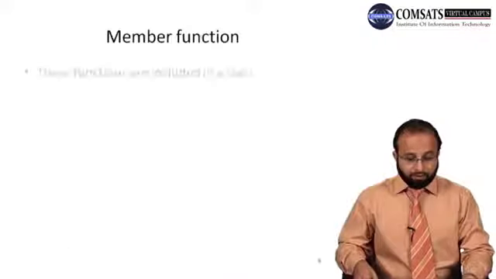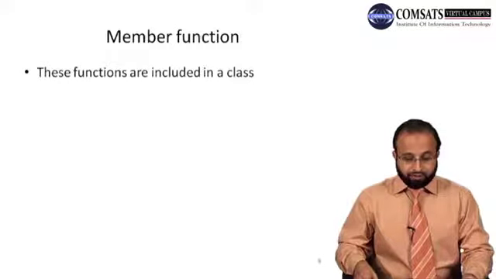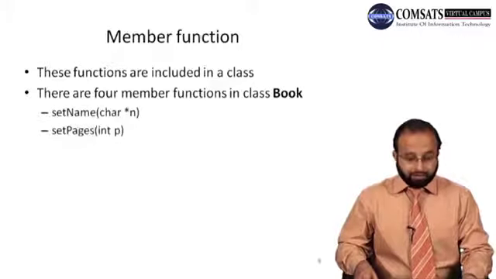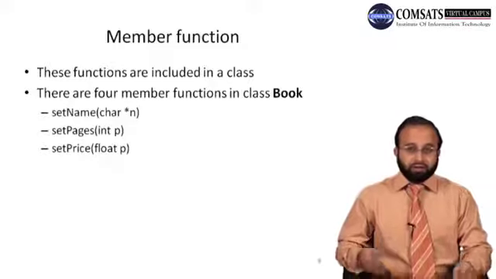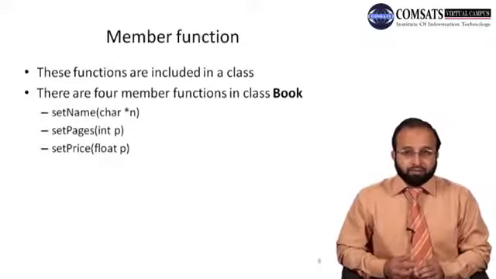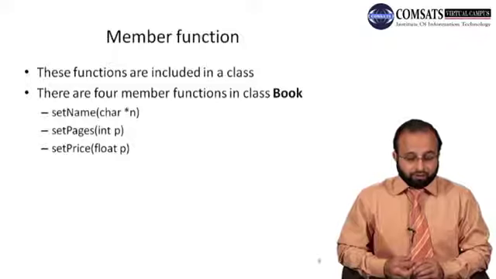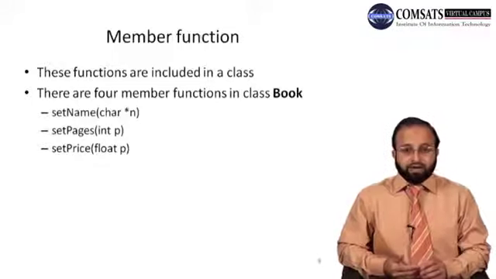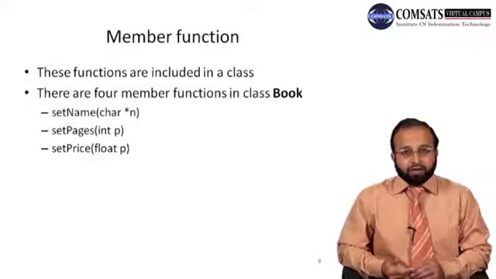Then come the member functions. These member functions are included in the class. There are 4 member functions in the book class, and these are set name, set pages, set price. So there are 3 set functions. Now you remember I told you that we will see what a set and get function is. A set function is a function that sets the value of the private data members of the object of that class, right?